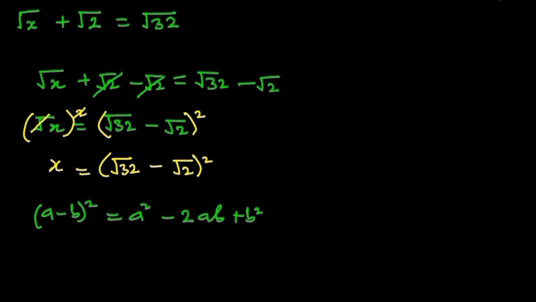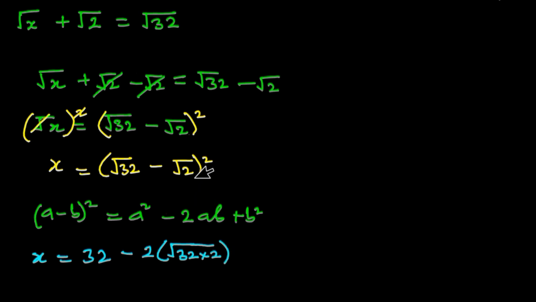So here we have, I'll copy my x down. So square root of 32 squared is the same as 32. Then I'll multiply this square root of 32 and this square root of 2. Then I'll multiply by these 2. So we have minus 2 into square root of 32 times 2.